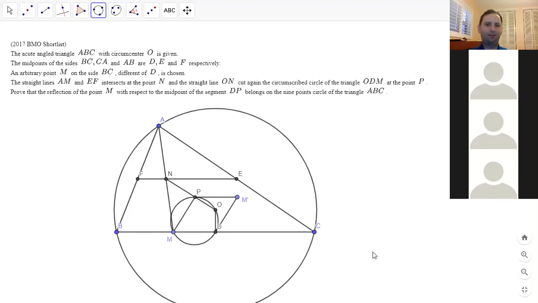I like this problem. So we know OM is a diameter, or is that true? How did we define this? I forgot.